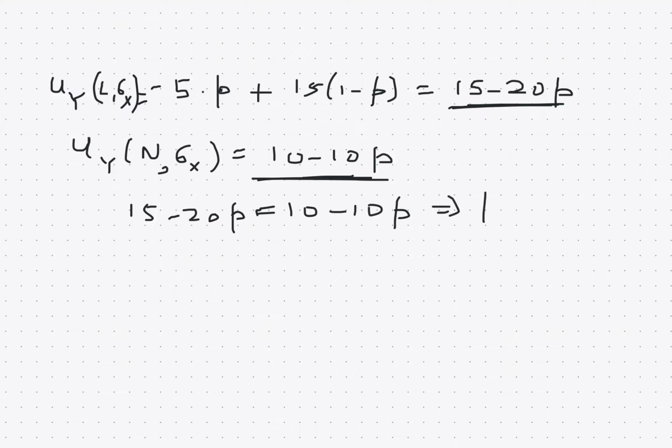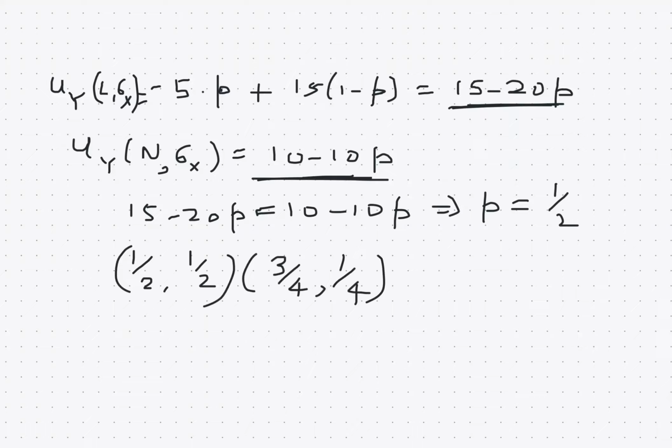So P is equal to 1/2. So 1 minus P is also equal to 1/2. So in this game, the mixed strategy profile 1/2, 1/2, and 3/4 and 1/4 is a mixed strategy Nash equilibrium.